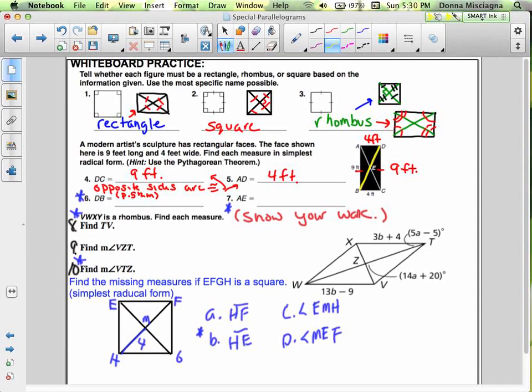And by the way, this is very similar to a homework problem, so pay attention. All right, so I'm going to write that. It's very, very similar to a homework problem. So it's not itself a homework problem, but it's similar to one. All right, so notice that this is a rectangle, and something we know about rectangles is they have 4 right angles.